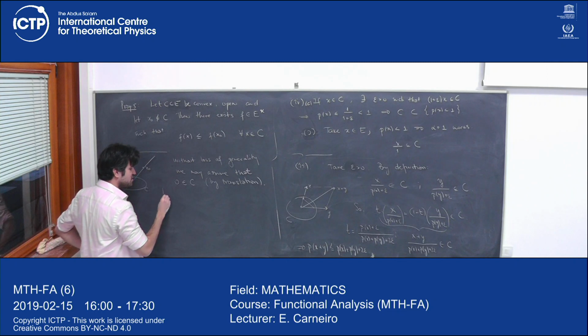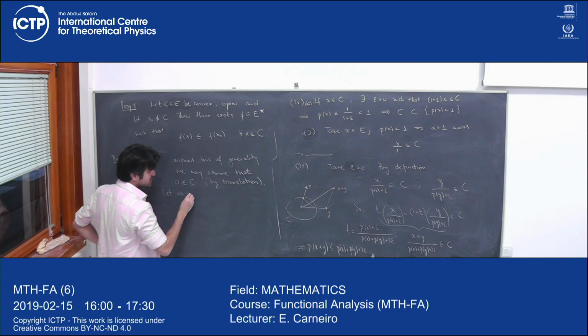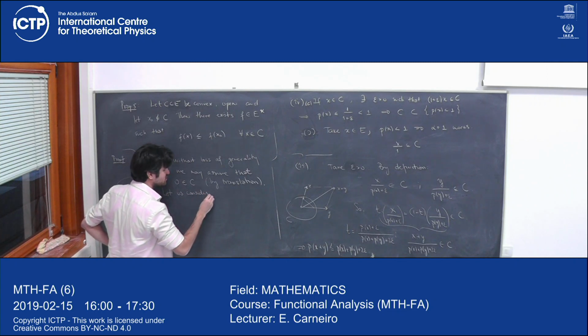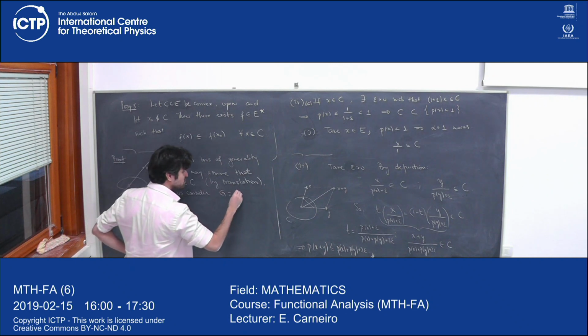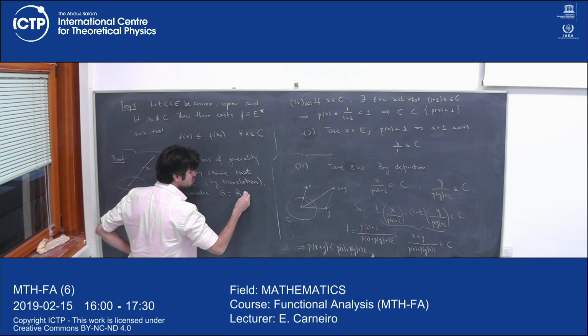So let us consider, let's see if we are correct. So this is the only possible way to go. Let us consider the subspace G being R times x0.